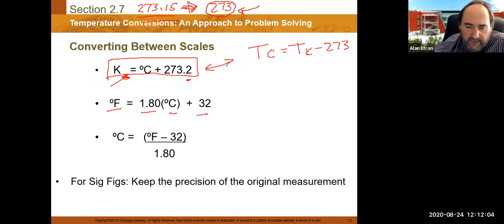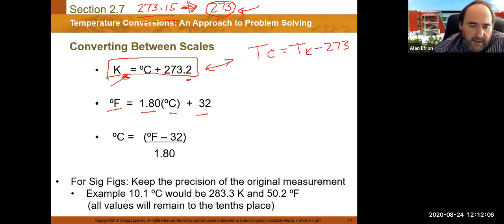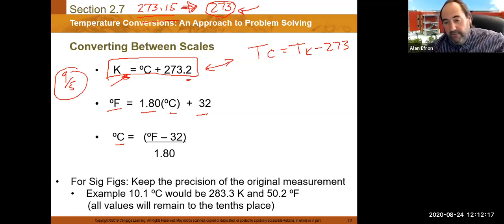And if you want to go to Celsius from Fahrenheit, you subtract 32 and divide by 1.8. 1.8 is that 9/5 if you learned that in fractions. If you take 9 divided by 5, you get 1.8. That's where the 1.8 comes from. Also, it's the 180 units between freezing and boiling, so that's also where it comes from.